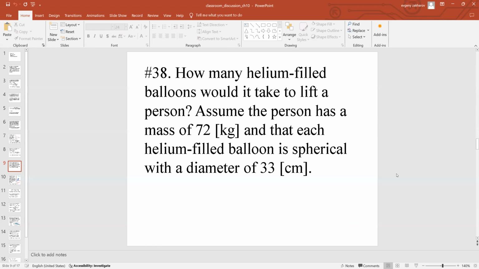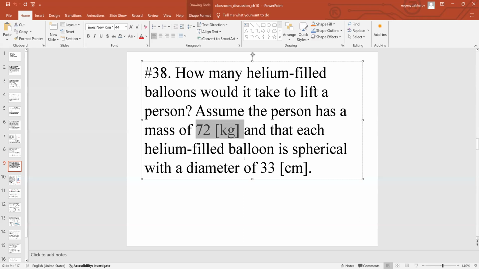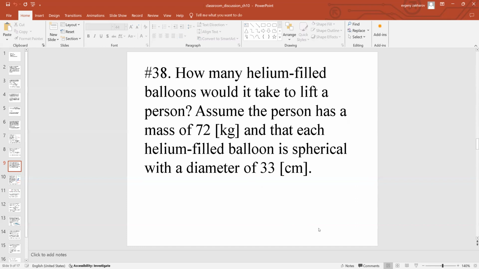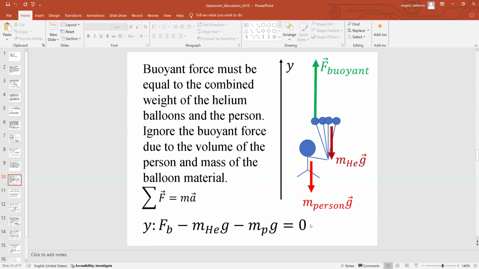I'll give you the exact number of helium-filled balloons so that a person of about 150 pounds, which you convert into kilograms, can start his or her journey to, I don't know, Disneyland or Legoland or whatever your kid's destination was.